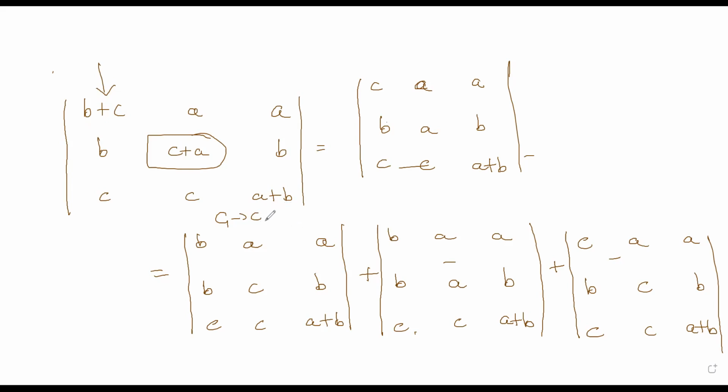See, if I do C1 equal to C1 minus C2, okay, I will do C1 minus C3 and C2 equal to C2 minus C3. C3 I will fix. I will not disturb this. But the only question, the third one, it is CAA.